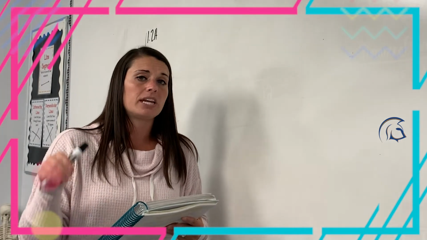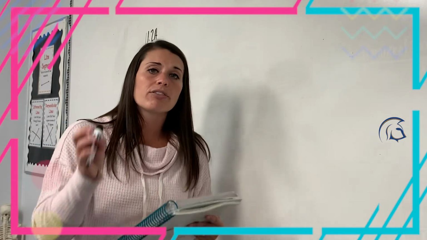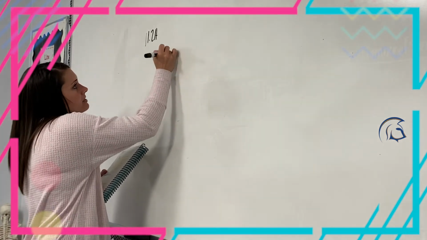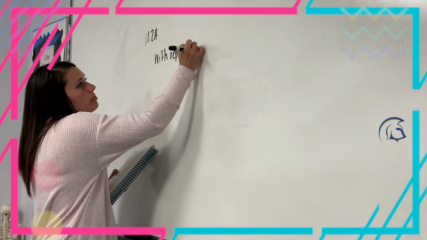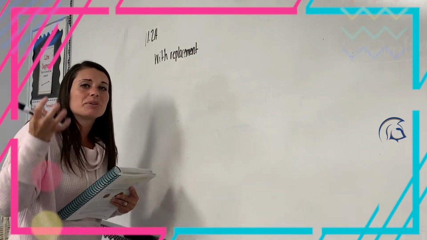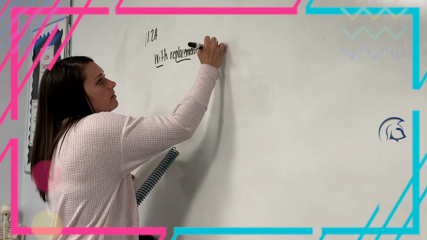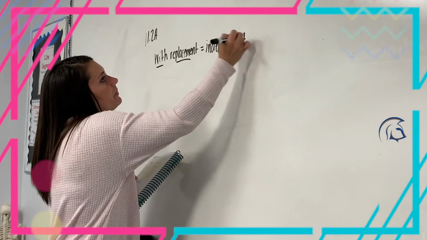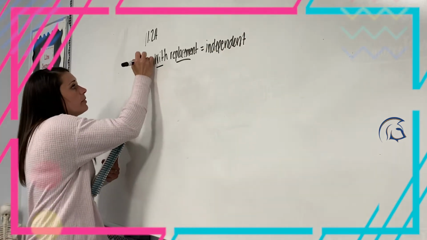What is the probability of finding first a cloud and then a bush with replacement? We're not actually solving for probability this time. It wants to know, is this independent or dependent? With replacement equals independent.